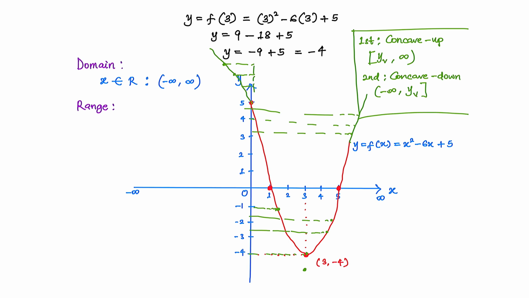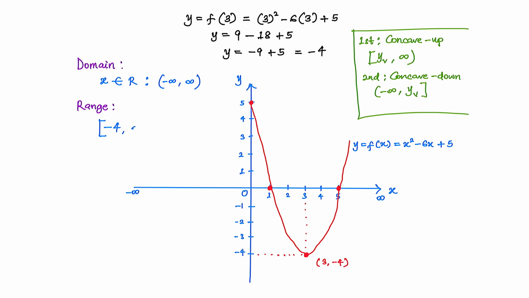So the moment we reach the vertex point is the limit of the y values in this specific equation. That means the range is from the value of y at the vertex, which is -4, all the way to positive infinity.